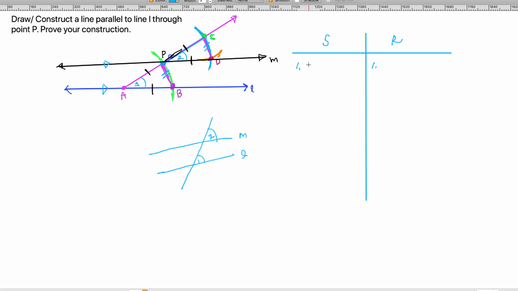So we already have that AP, right, is congruent to PC. AB is congruent to PD. And I have PB is congruent to CD. And this is all by construction.